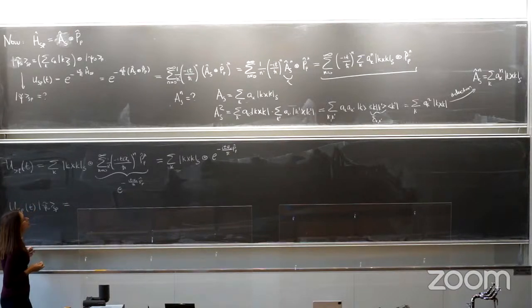Let's in our unitary, instead of k, write k prime, because in the initial state we already have summation over k and we don't want to mix that.